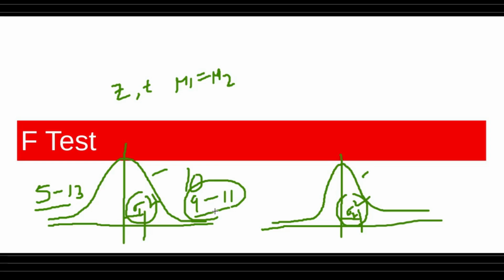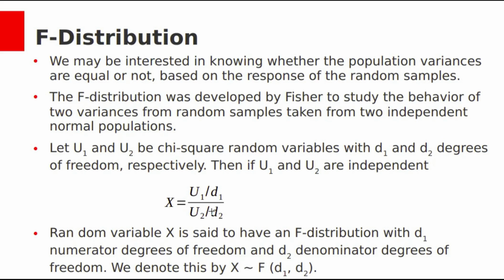F test is based on F distribution. So let's see F distribution. F distribution was developed by Ronald Fisher to study the behavior of two variances from random samples taken from two independent normal populations. Let u1 and u2 be chi-square random variables with d1 and d2 degrees of freedom respectively.